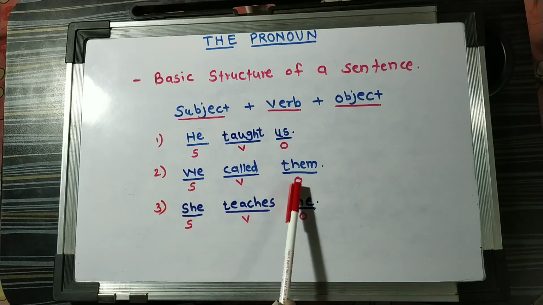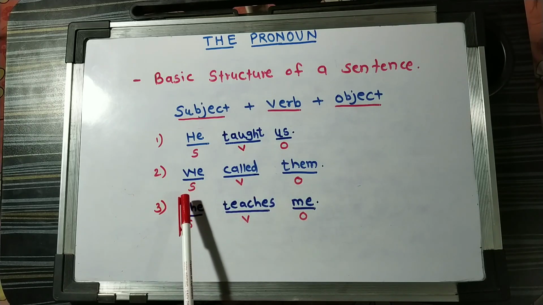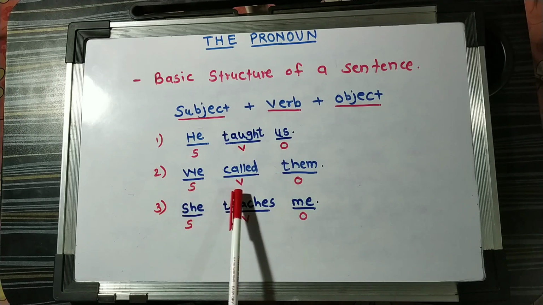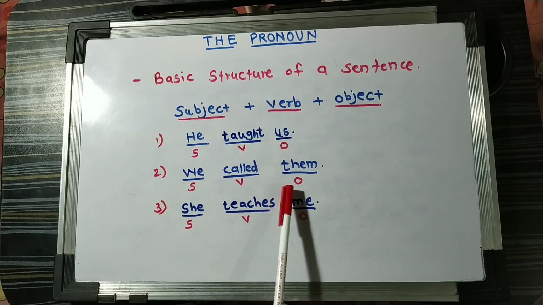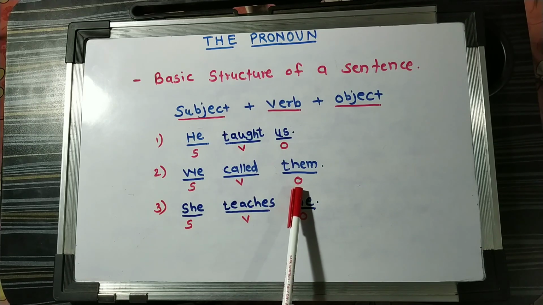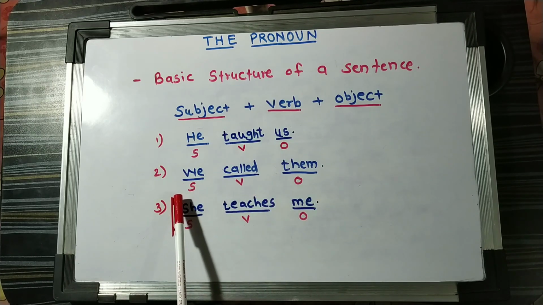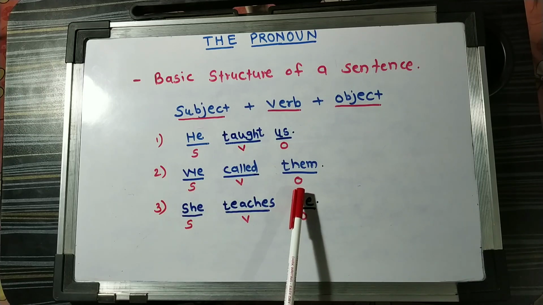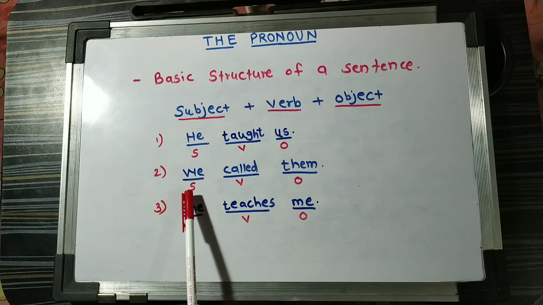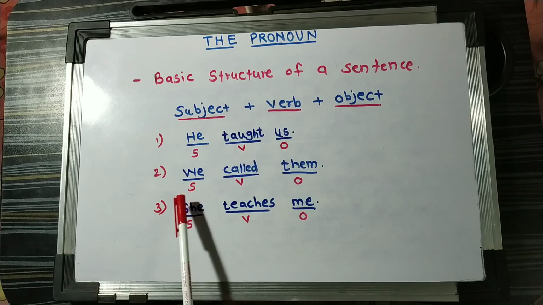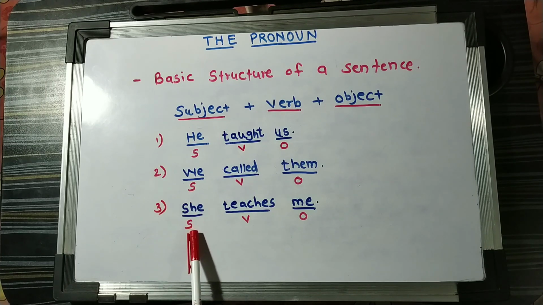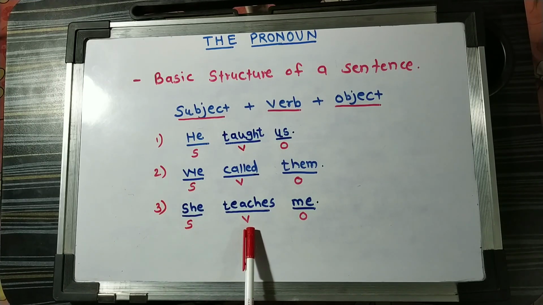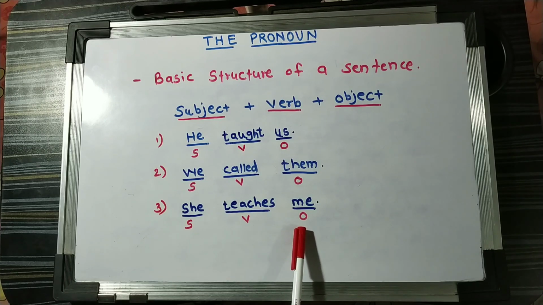We called them. In this sentence, we is a subject, called is a verb, and them is an object. At the place of subject and object, we have made use of pronouns. And in the third sentence, she teaches me: she is a subject, teaches is a verb, and me is an object.